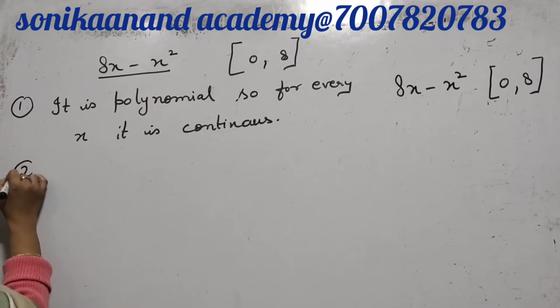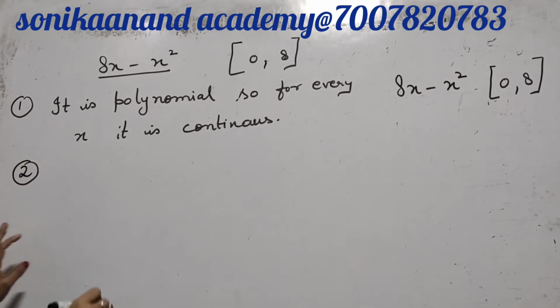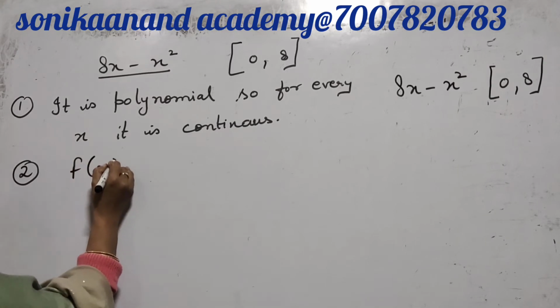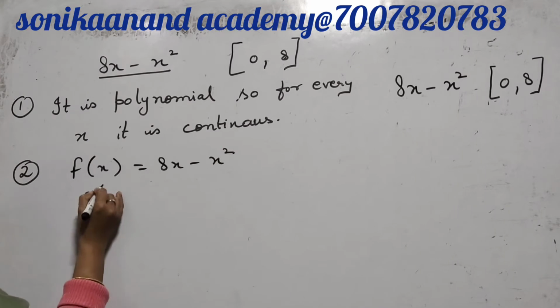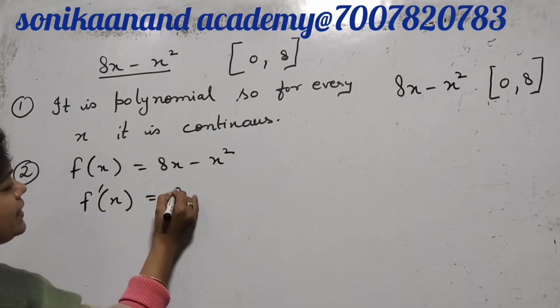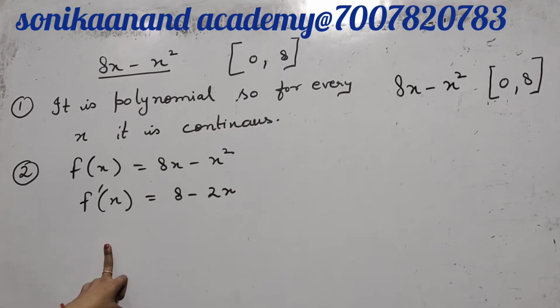Now the second one, we have to find whether it is differentiable or not. So if f of x is equal to 8x minus x square, and we differentiate it, we get 8 minus 2x. We can see that it is easily differentiated.